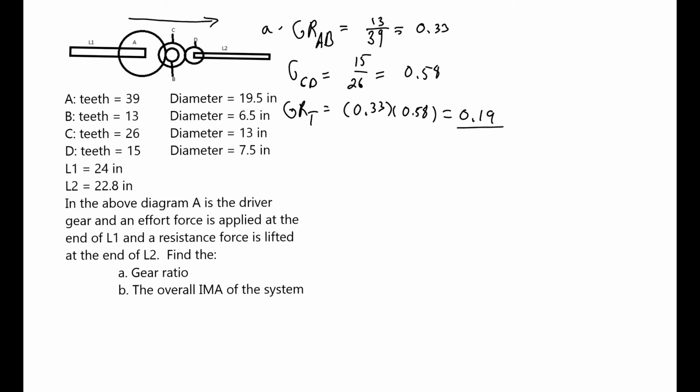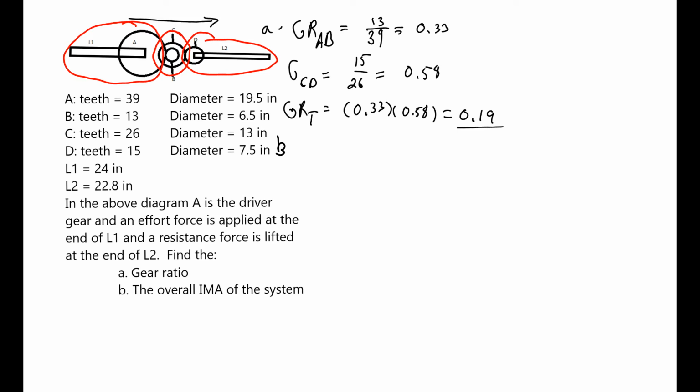We've got two levers, here and here. Those can be thought of as wheel and axles, or levers, not pulleys. And then we've got another wheel and axle here. So again, we're going that way. We're going to have to find the IMA of three different things and then multiply those together.